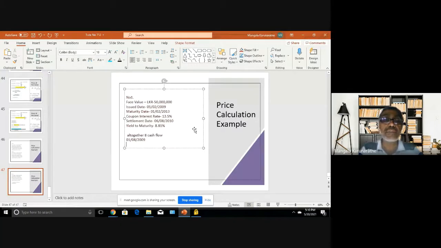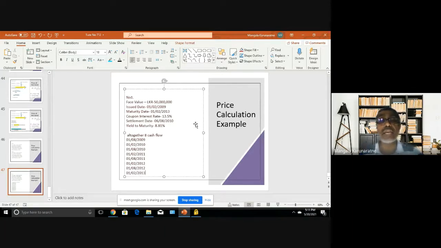1/8/2009. And then the next one is 1/8/2010. Then 1/8/2011, 1/8/2012, and then the last one, 1/8/2013.